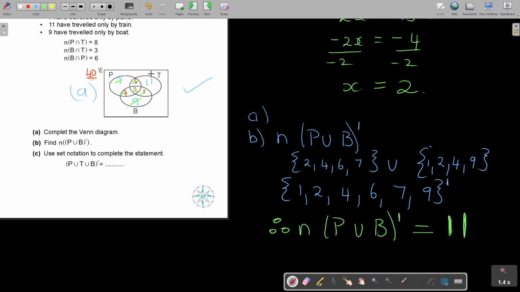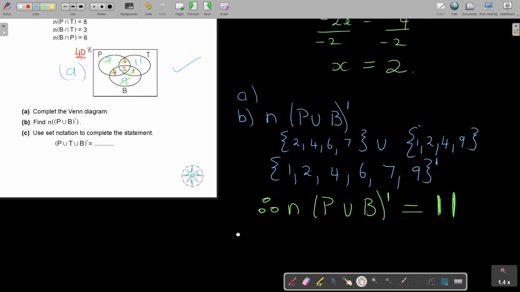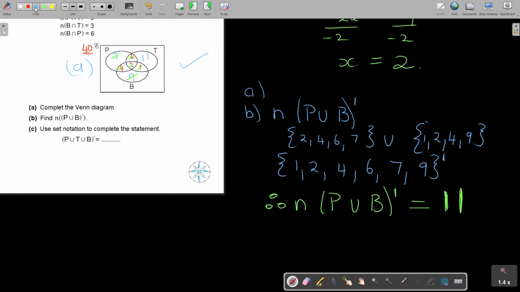Okay, and then the last one. Use set notation to complete the statement. So let's just go back to the blue. Okay, so this is going to be, and it's actually easy. So it's the intersection of all of them's complement. So it means none of the inside, and there's nothing on the outside.